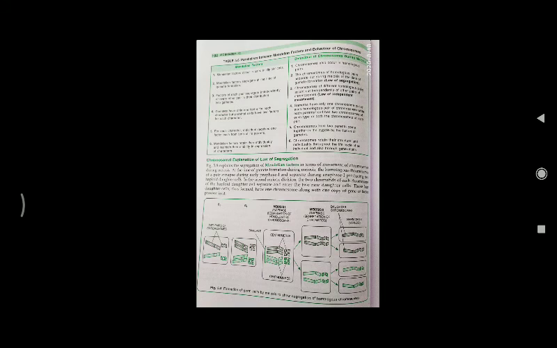Here, Thomas Hunt Morgan, as I told you in the very beginning, is a renowned person in the field of genetics. He performed his experiments on the fruit fly, which is very important in the genetics branch, that is Drosophila melanogaster, and provided experimental proof in favor of the chromosomal theory of inheritance. That's why it is very important.